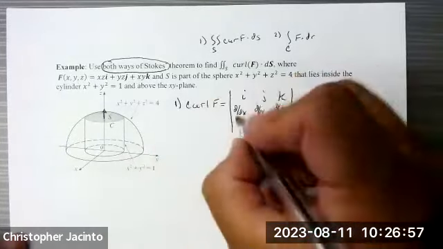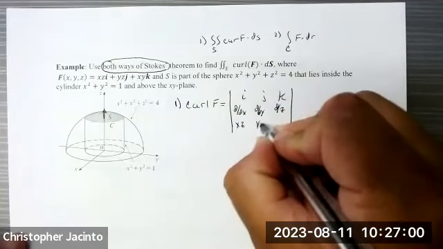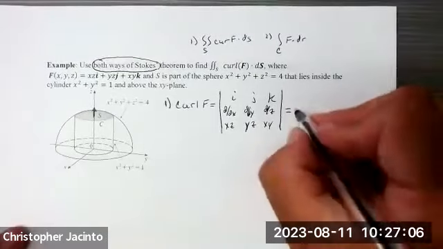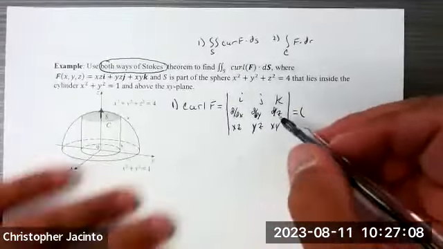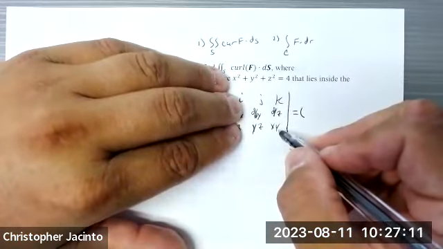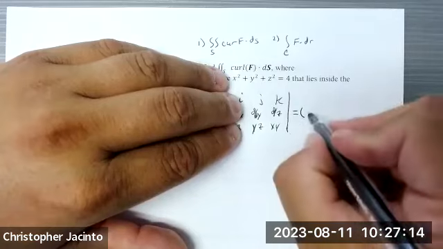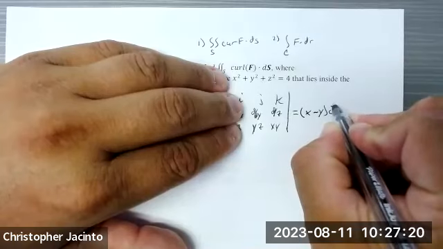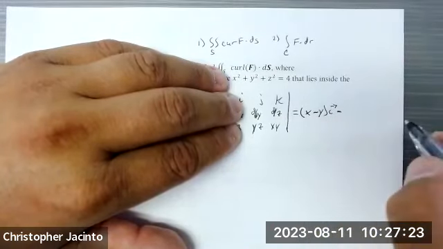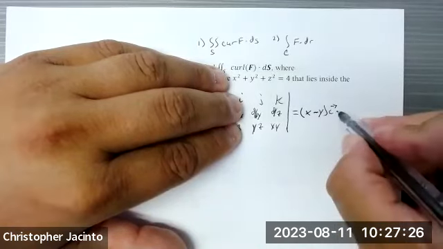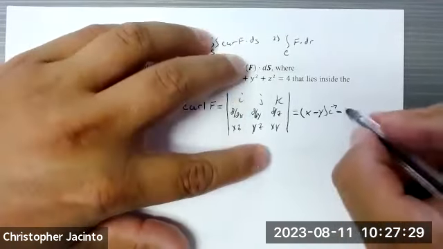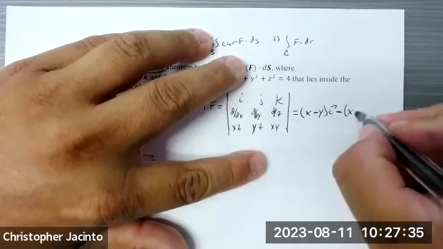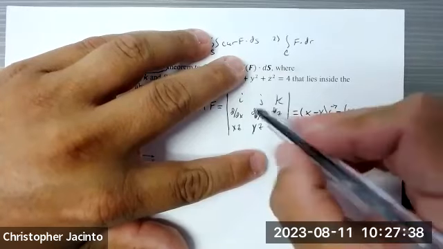All right, so our vector field is x e^(yz), and xy. Okay. So what do we get? With respect to y is x, with respect to z is y. With respect to the j, so x with respect to z, no, it's the y.